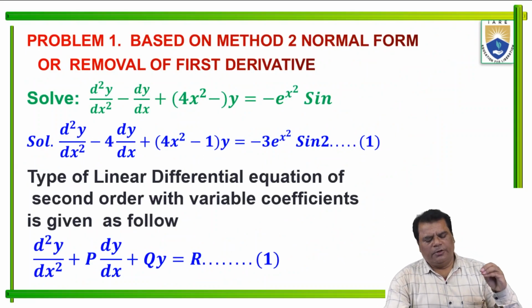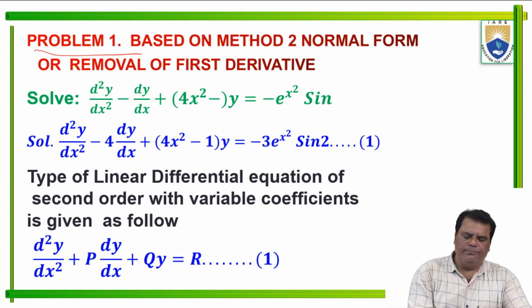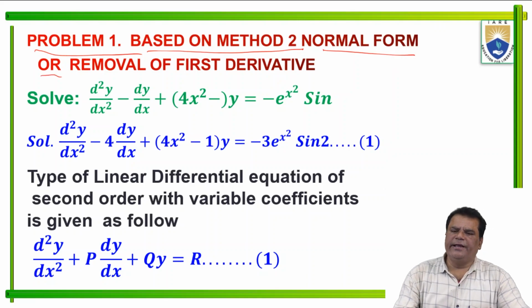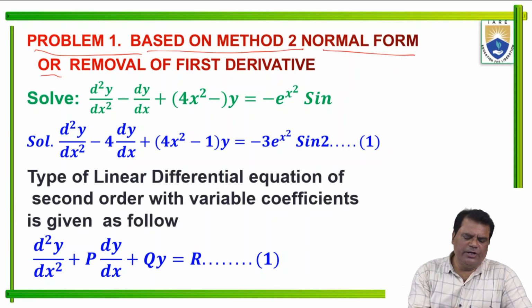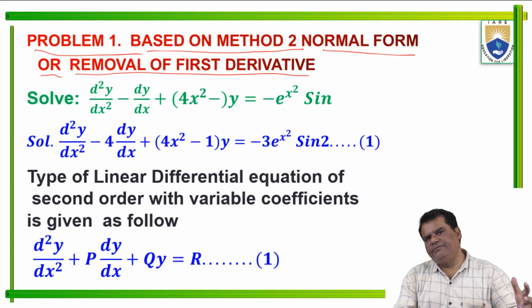Now we want to solve one problem based on this method. The method is normal form. So problem 1 based on method 2, normal form, whose second name is removal of first derivative.